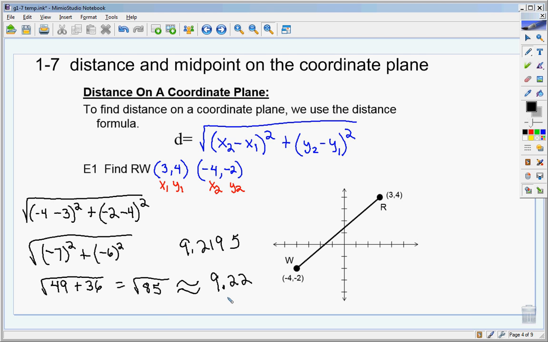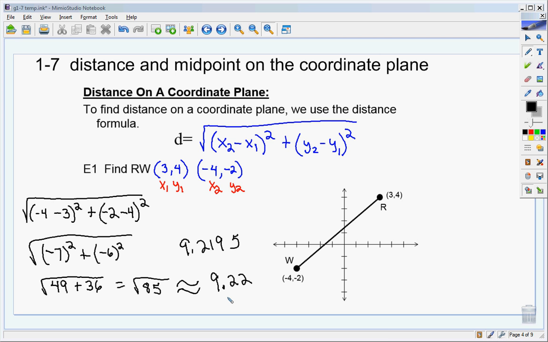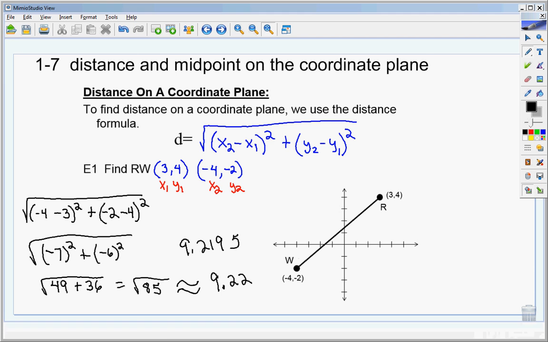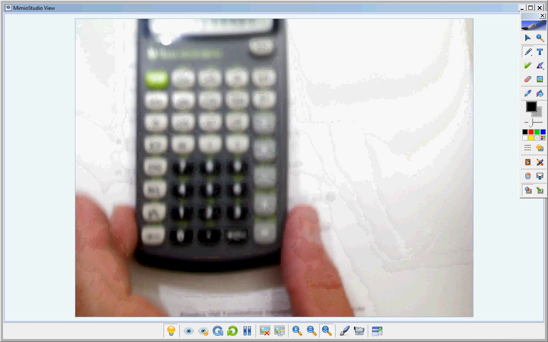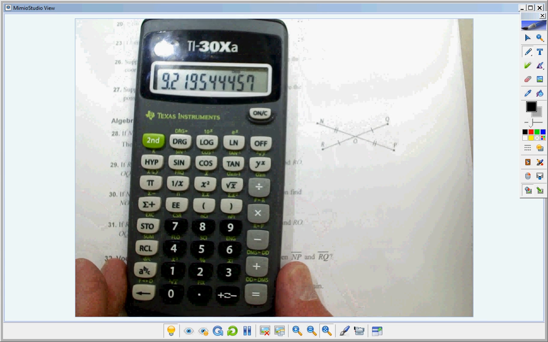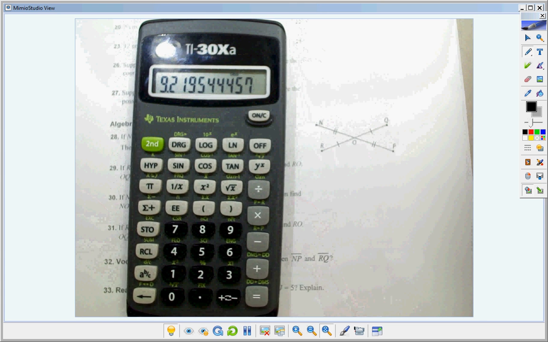Now, I want to talk about calculators for a minute. This is the calculator that I would encourage everybody to get, this TI-30XA, because it's a calculator you're going to use on the EOC. Does anybody happen to have a different calculator with them today?